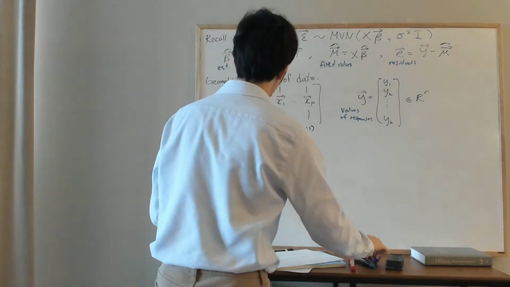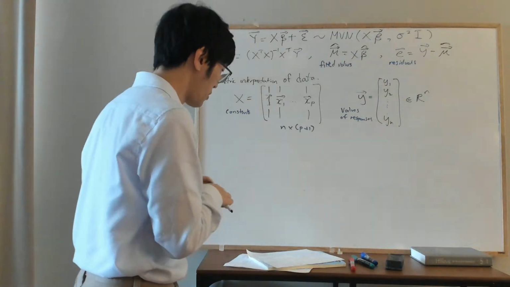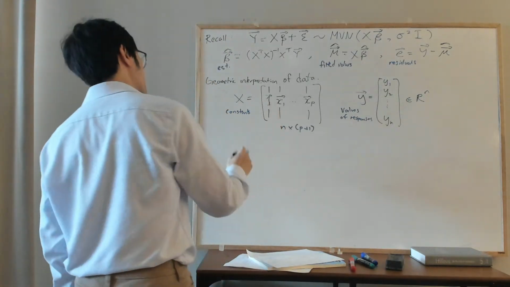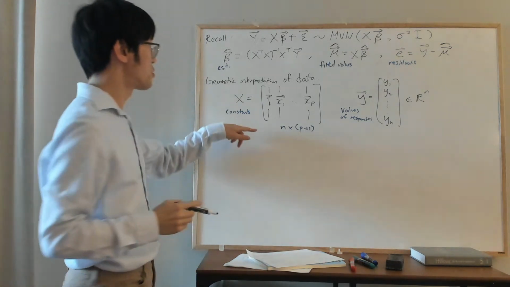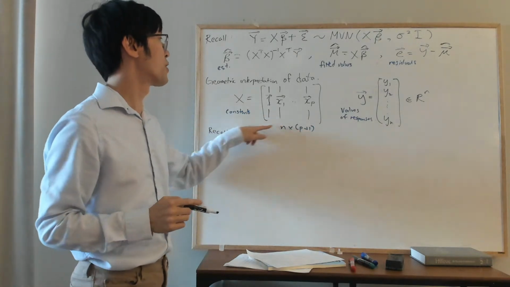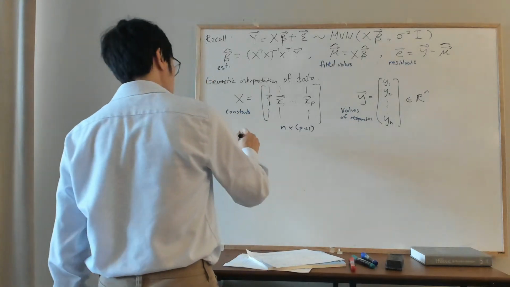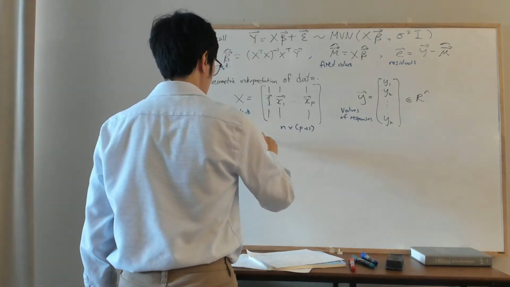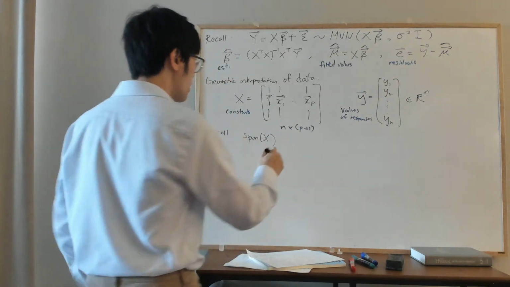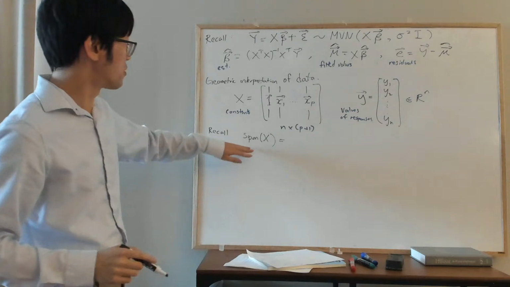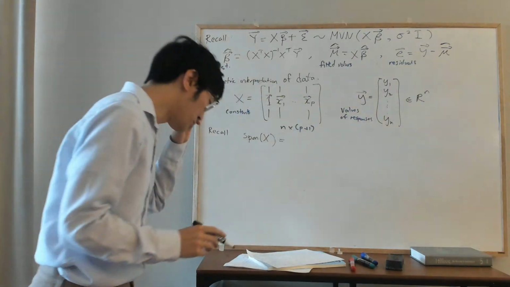All right, so a linear algebra term is span. Let's recall that together. Here I have a bunch of vectors expressed in column form, so we can look at their span, the span of X. To remind you, span is all possible linear combinations of its columns.